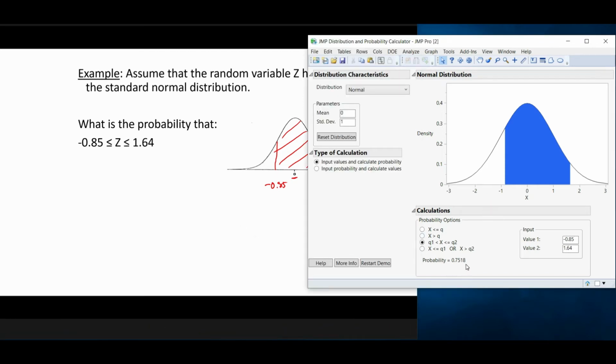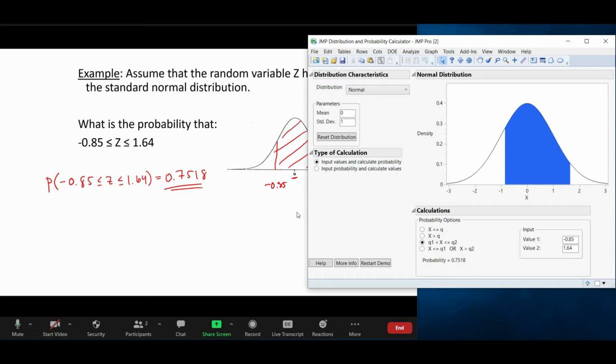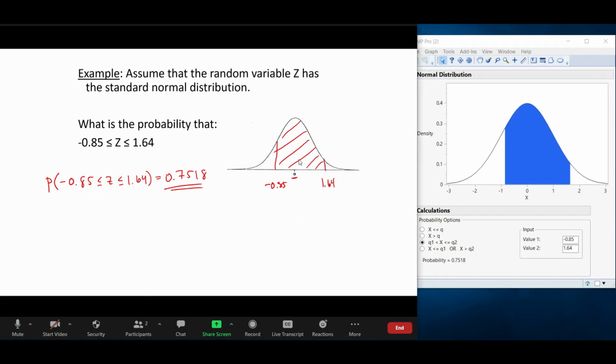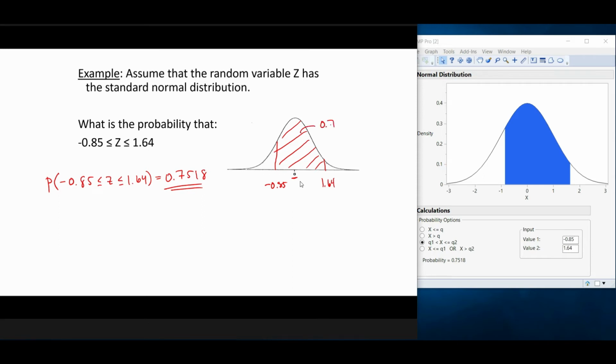And now that probability you can write down: the probability that a standard normal random variable is between negative 0.85 and 1.64 is 0.7518. So just a little over 75% of the area of this standard normal distribution is between those 2 points. Right? That's my 0.7518, what we just discovered.